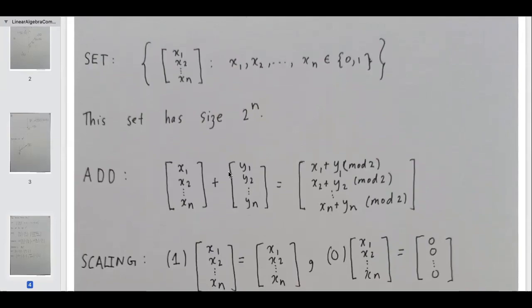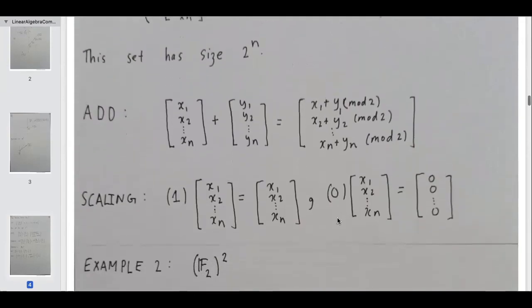What that means is, if x1 plus y1 turns out to be 2, we just write 0. If it turns out to be 0, we just write 0. If it turns out to be 1, we just write 1. In other words, if x1 plus y1 is even, we write 0. If x1 plus y1 is odd, we write 1, and so on. The same thing for every other coordinate.